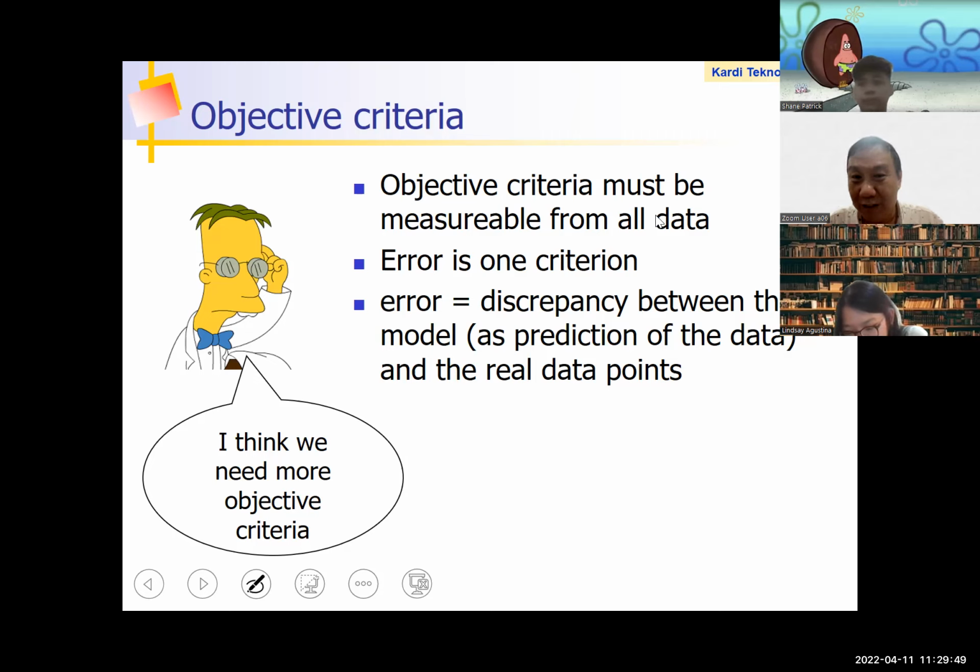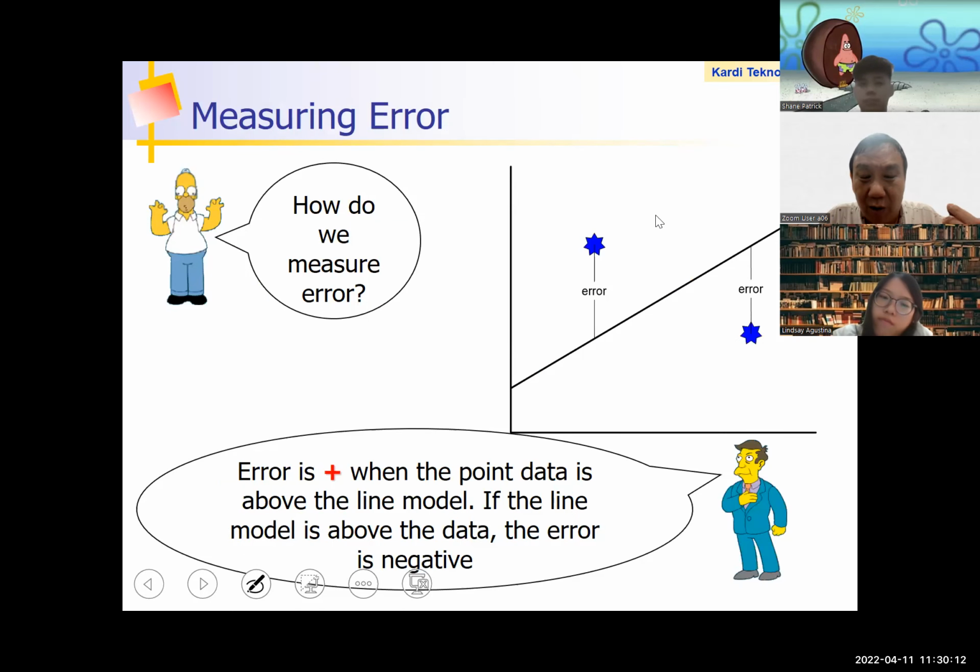So one objective criteria is to measure the error. So what is error? Error is the discrepancy between the model, which is the line, and the real data point. So we want to minimize the error, correct? How to measure the error? If the line model is above the data, then the error is negative.